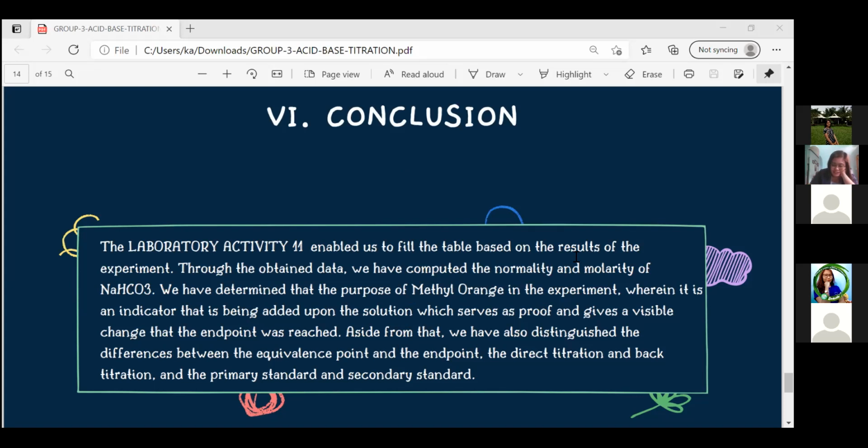We have determined that the purpose of methyl orange in the experiment is as the indicator that is added upon the solution, which serves as proof and gives a visible change that the endpoint was reached. Aside from that, we have also distinguished the difference between the equivalence point and the endpoint, the direct titration and the back titration, and the primary standard and the secondary standard. Yun lang po. Thank you.